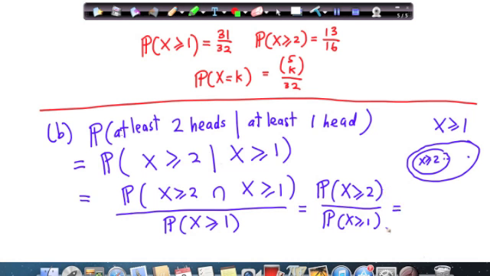We know these probabilities from our previous calculations. So the numerator is 13 over 16 and the denominator is 31 over 32, which will simplify to 26 over 31.